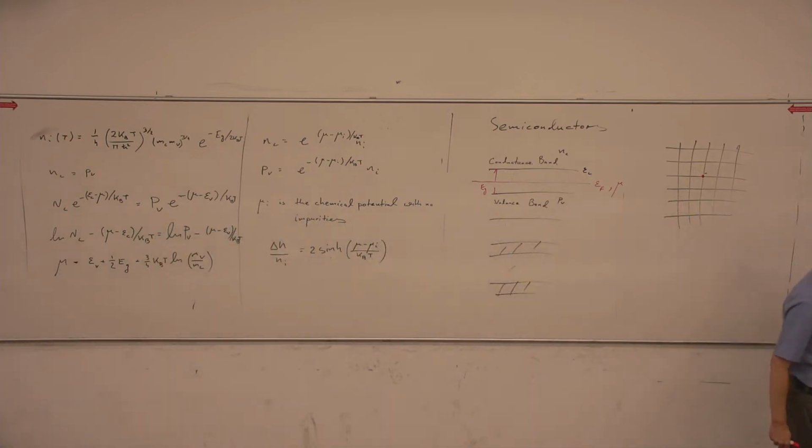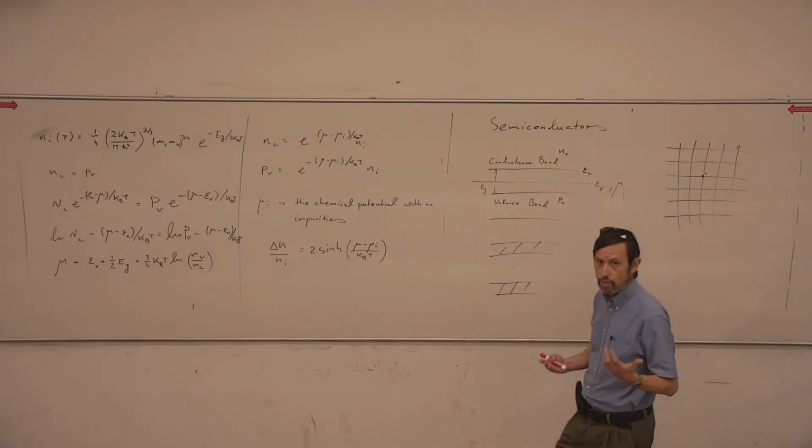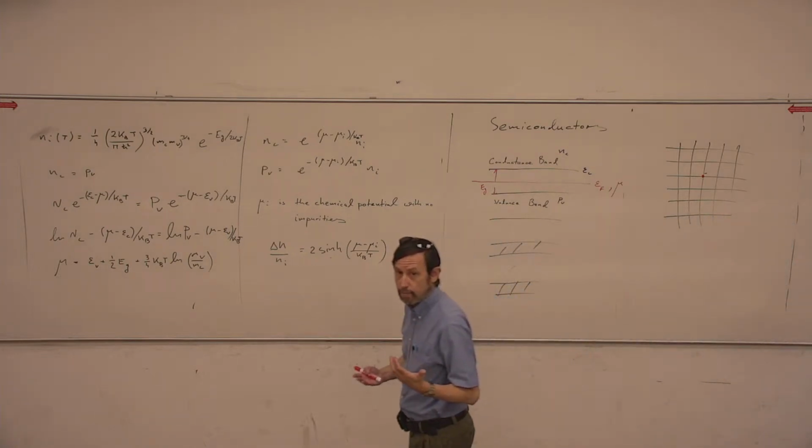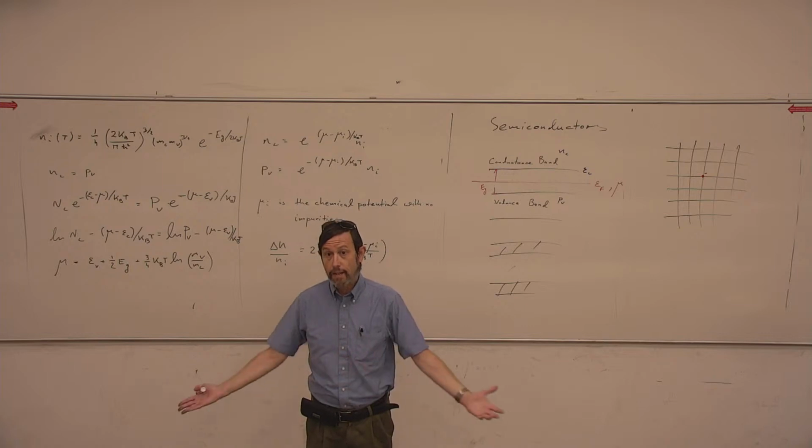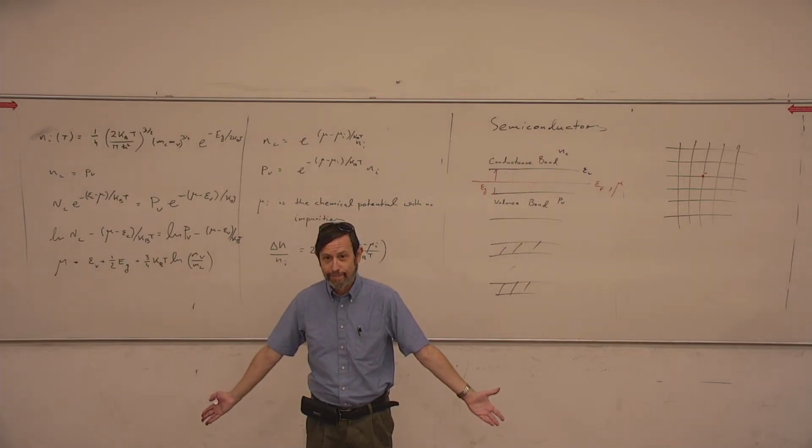So, you would say, okay, I know how to solve that problem. We did it in the second course of quantum mechanics. What's this problem called? Exactly, a hydrogen atom.